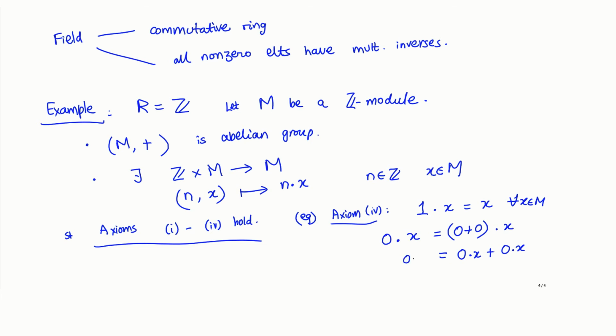So I can cancel these two elements. In other words, I can add the inverse of this to both sides and thereby conclude that 0 dot x must just be the element 0 of my abelian group M. So I found out two things already just from the axioms: 1 dot x is x, 0 dot x is 0.